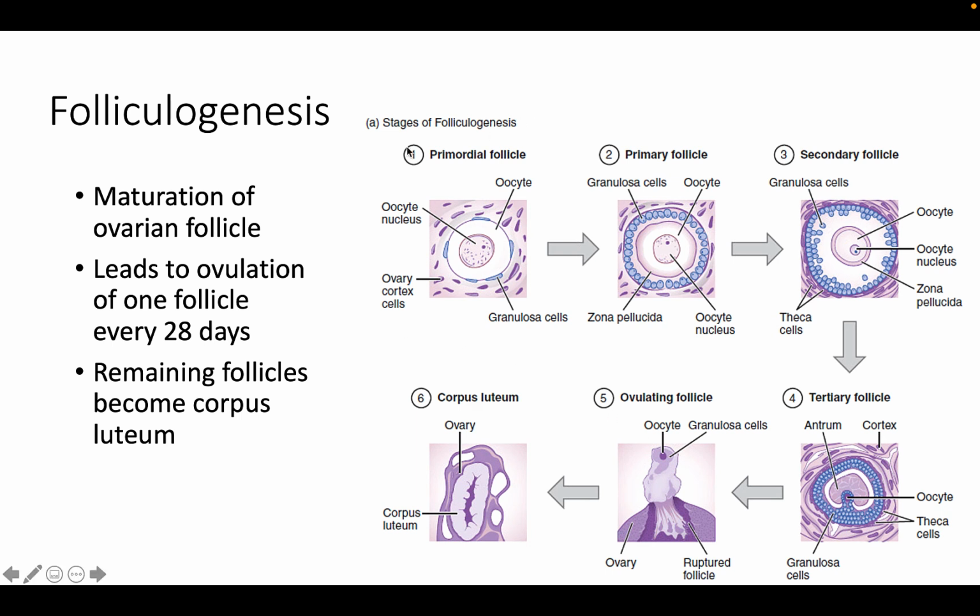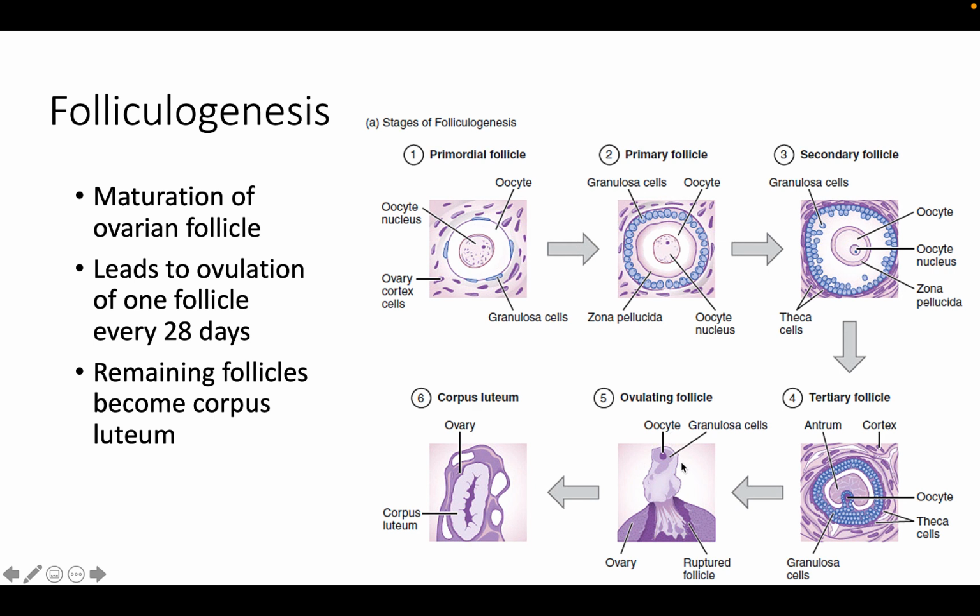The primordial follicle is in a resting state and goes through changes in the ovary until it reaches the tertiary follicle stage, where it then expels its secondary oocyte and surrounding granulosa cells from the follicle and out of the ovary. And so you'll see this is our ovary and we expelled it out. Most follicles won't even make it to this point, and in fact 99% of follicles are going to degrade in the ovary while the remaining 1% actually get ovulated.